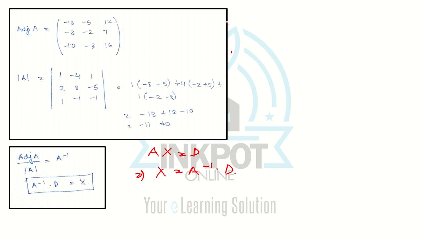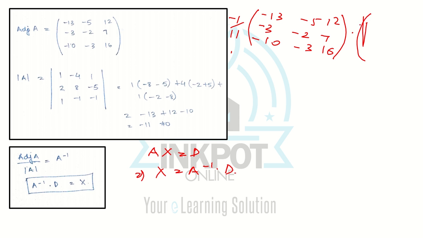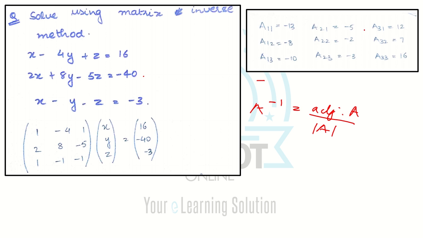So if you want to calculate X, A inverse is just going to be equal to minus 1 upon 11 into this particular matrix right here, which is minus 13, minus 5, 12, minus 3, minus 2, 7, and minus 10, minus 3, 16. So A inverse into the D matrix, which in this case is 16, minus 40 and minus 3.